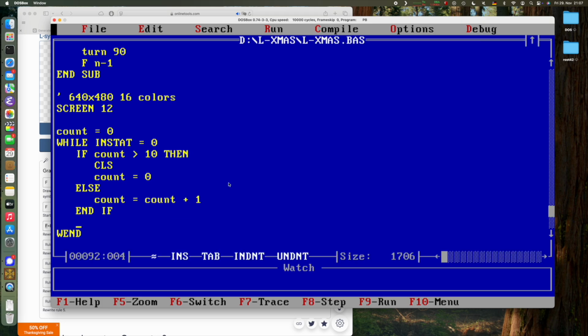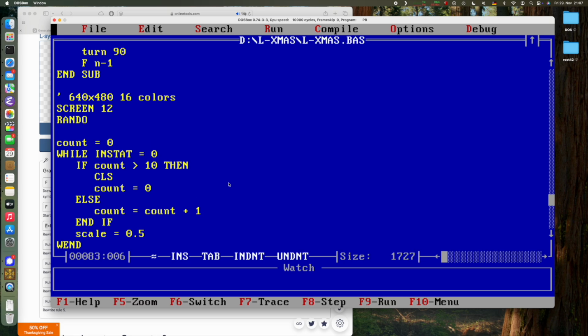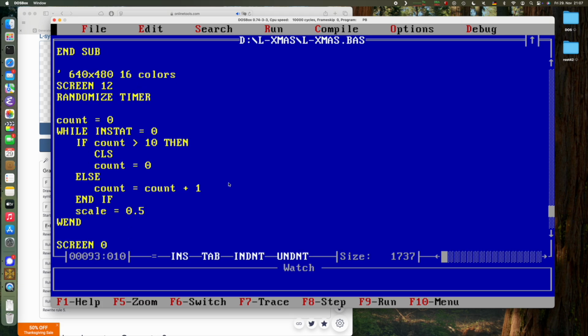Very nice. Then we need to compute a scale factor, which will be... we should randomize the timer. Randomize timer, which means that we will get different trees every time we start this. It uses the timer of the machine to initialize the pseudo random number generator because we need it here. So minimum scale is 0.5, so it doesn't get too small.